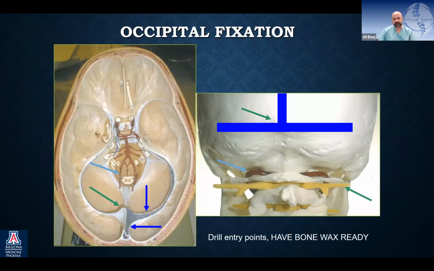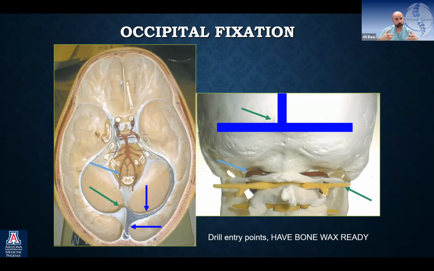As far as occipital fixation, a lot of the folks here with us are obviously experts, but we also have some trainees and students. So, just a couple of pearls. You obviously want to be below the transverse sinus. And one thing I always do is I always have bone wax ready, a nice big ball of bone wax, because luckily, we rarely penetrate into where the torcula is or the sinus if you're careful enough, but you may get into a big venous lake or a big bony lake with a lot of venous bleeding, and after you drill, sometimes just a little bit of bone wax will take care of that problem.